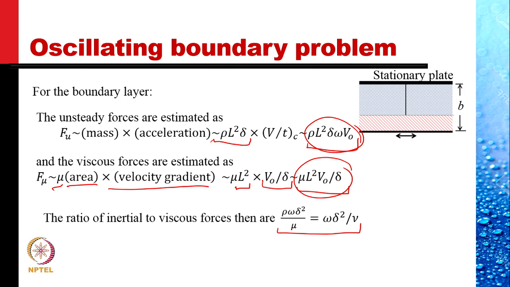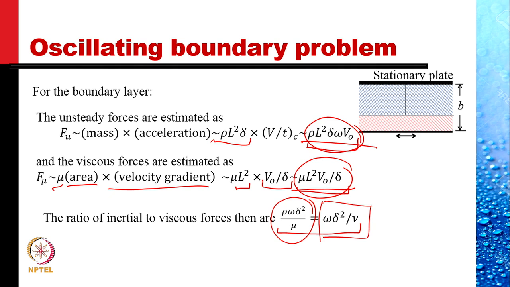So the ratio of the inertial to viscous forces, the inertial force divided by the viscous force, is rho omega del square by mu, which in terms of nu, the kinematic viscosity, is omega del square by nu.